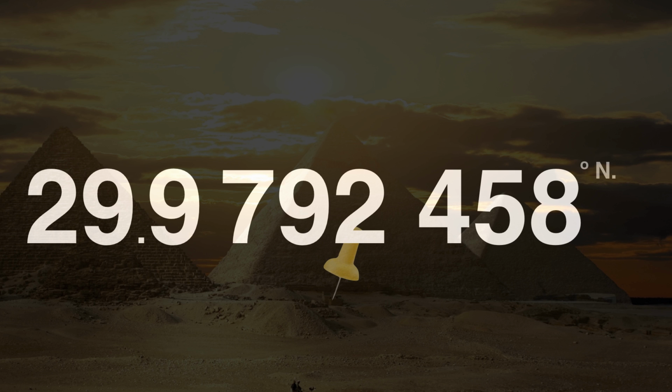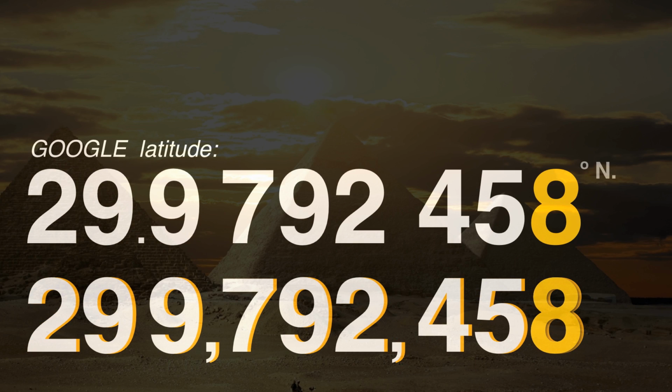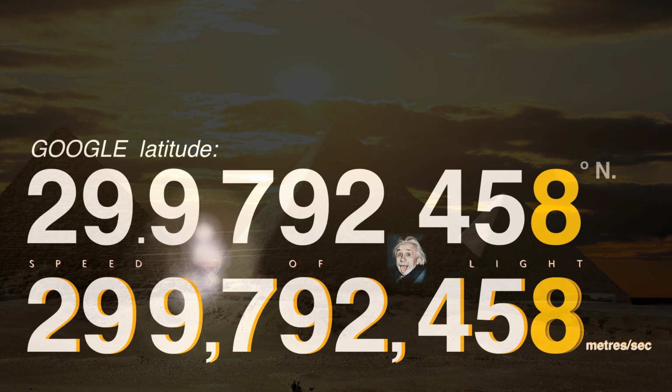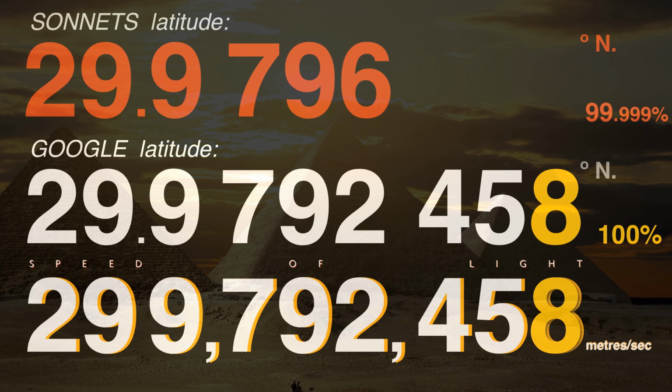And if the Egyptians had built that pyramid 1 centimeter further north, or 1 centimeter further south, it would not be exactly this number, and this number is the speed of light in meters per second. 100% accurate. Shakespeare got it 99.999% accurate to 4 decimal places 400 years ago.